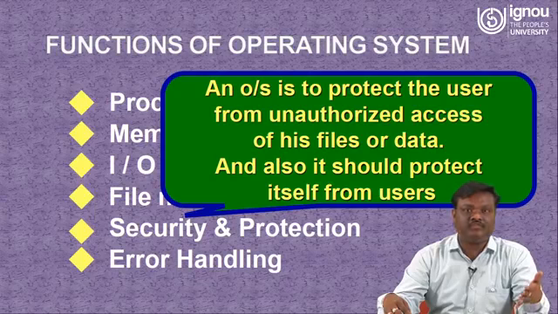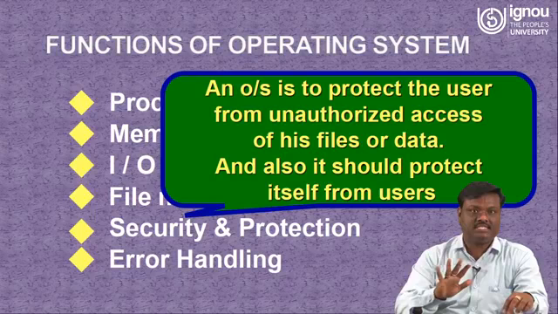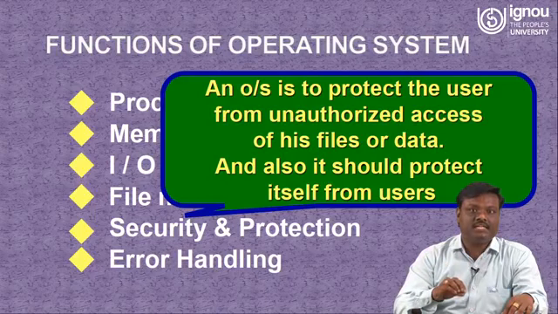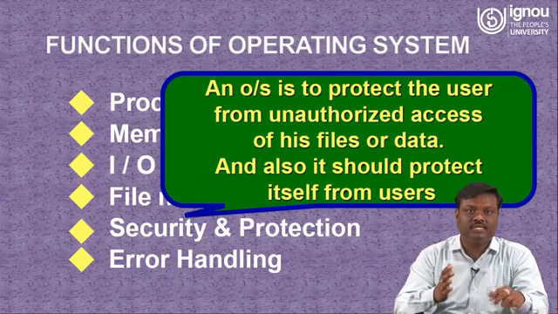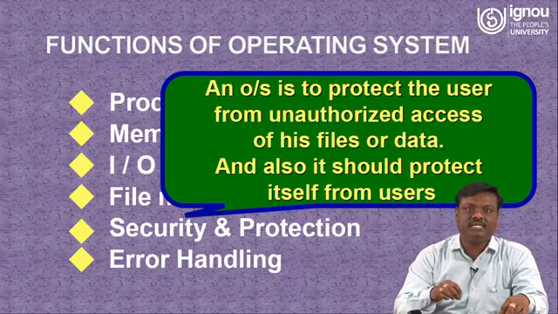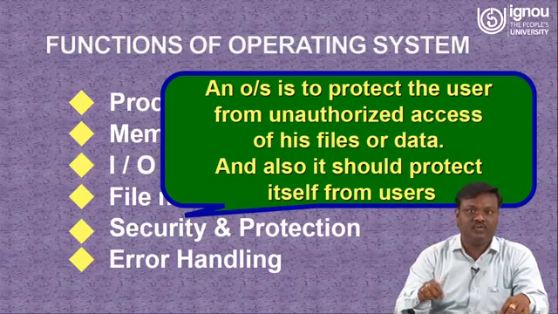Such prompts or displays need to be shown by the OS whenever a user tries unauthorized access. These activities containing the protection or security aspects need to be coordinated by the operating system, and these are clubbed together as the security and protection management of the OS.